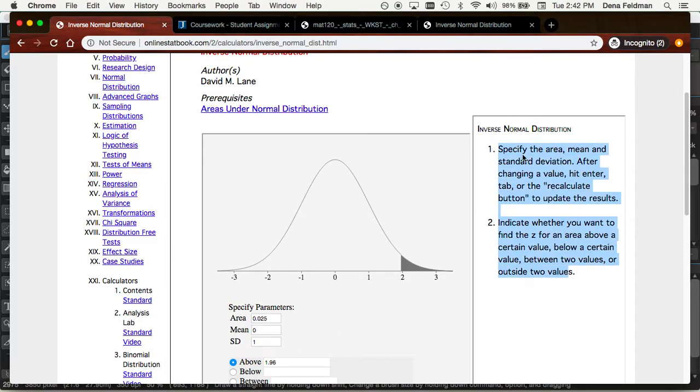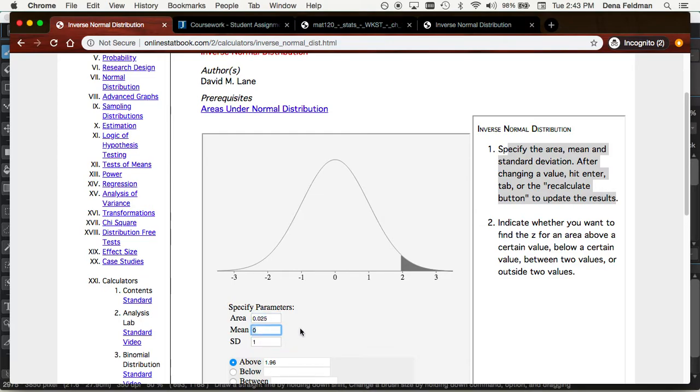It says, first, specify the area, the mean, and the standard deviation. Each time you change a value, you hit enter. I see here, area, mean, standard deviation. These are the three things I need to specify.